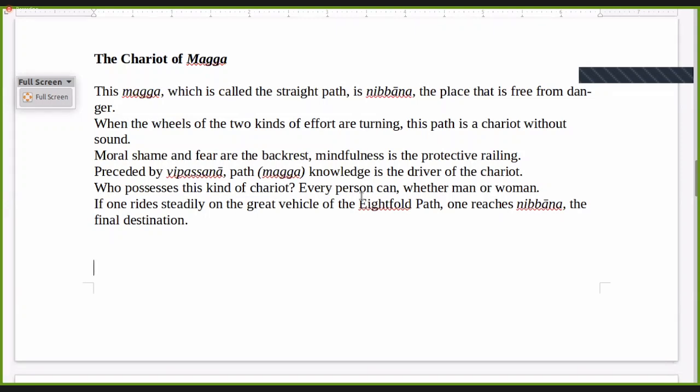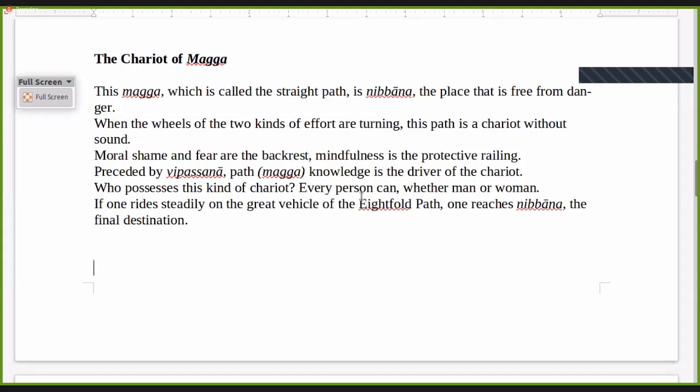Moral shame and moral fear are like the backrest, the leaning board. Mindfulness is always needed. It is the protective railing. It will protect you thoroughly, and your mega vehicle has a driver, that is vipassana path and mega path. So can you follow me?